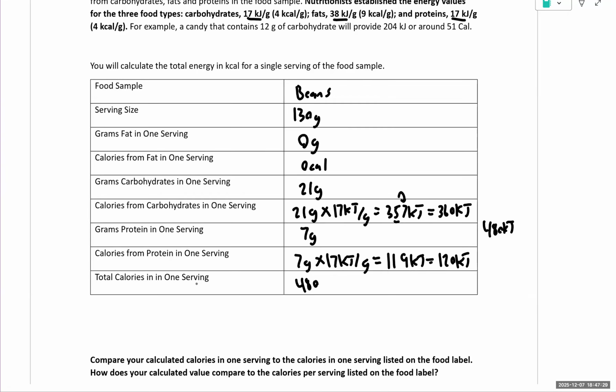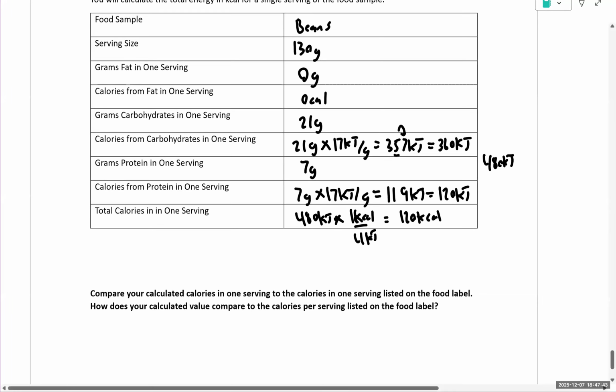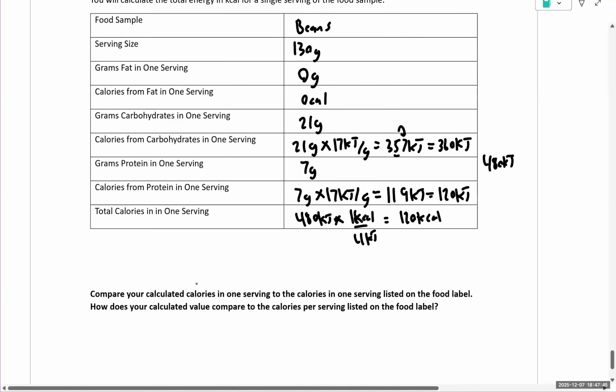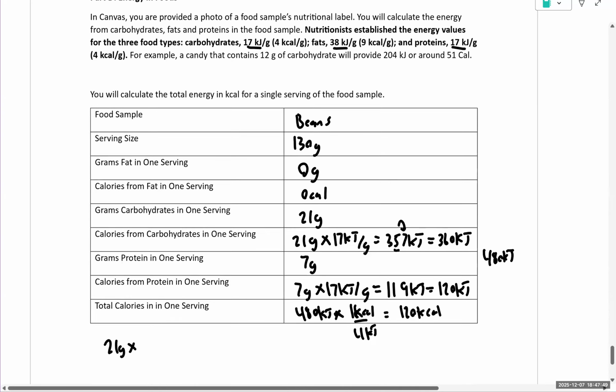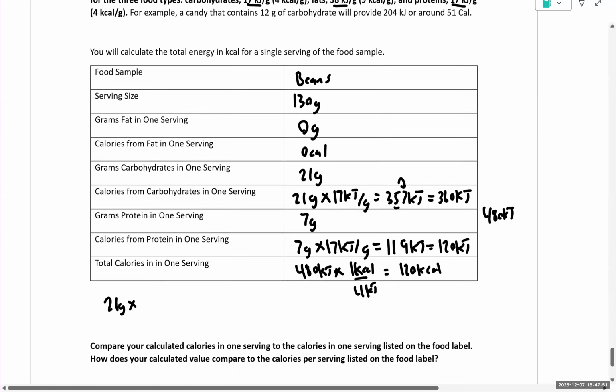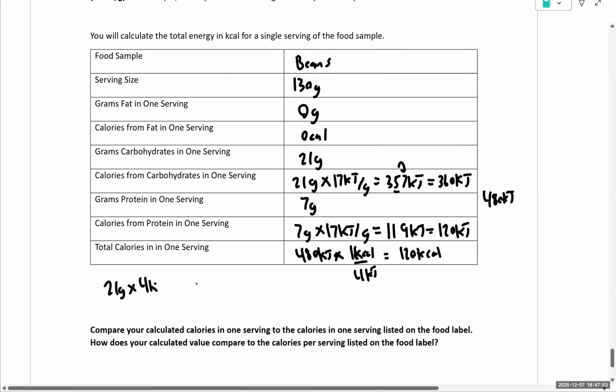And we can go 480 kilojoules times 1 kilocalorie for 4 kilojoules, which gives us about 120 kilocalories. We can also do these calculations in terms of calories. So if we have 21 grams and we want to calculate in terms of calories, carbohydrates are 4 kcal per gram, which would give us 84 kilocalories.